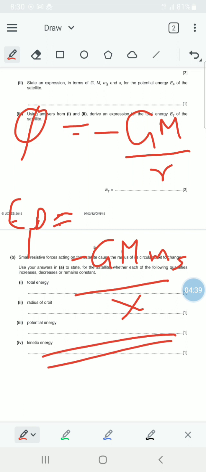And this is the answer. Always remember, this negative sign is very, very important. If you do not have that, you are going to lose marks. This comes out of the gravitational potential equation. I hope you understood. If you have any questions, please raise them.